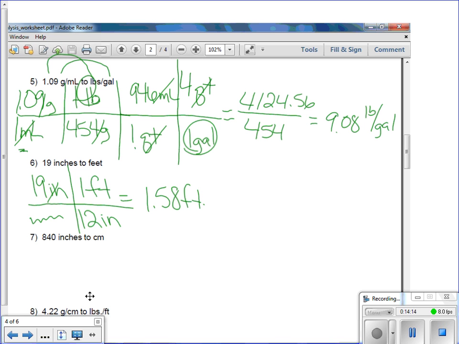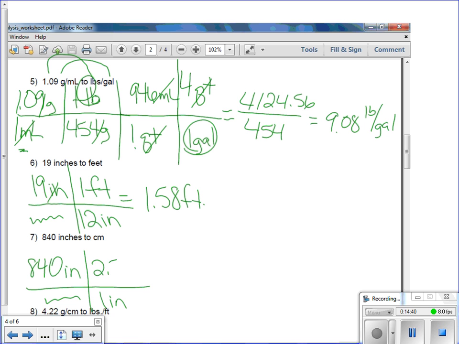All right, number 7, 840 inches to centimeters. On the previous page we have 1 inch is equal to 2.54 centimeters. So this will be a direct one as well. So 840 inches. In 1 inch, I'm going to put my inches on bottom.